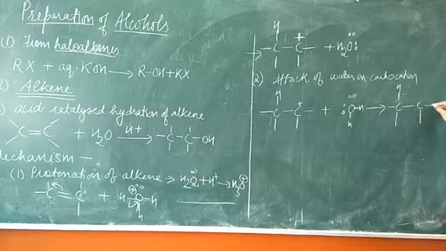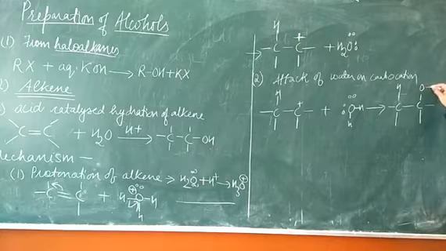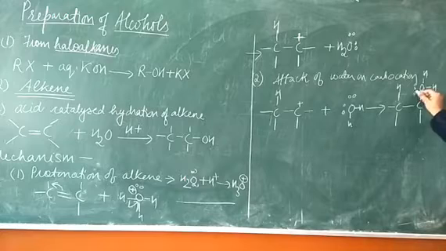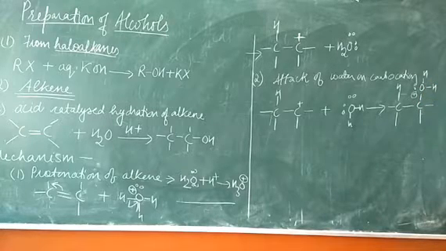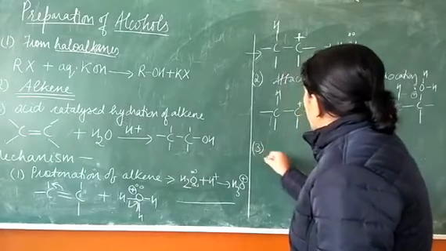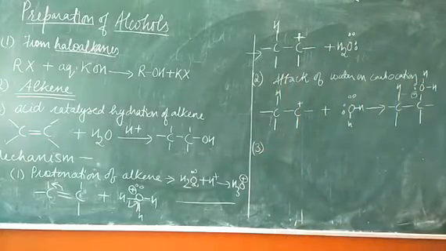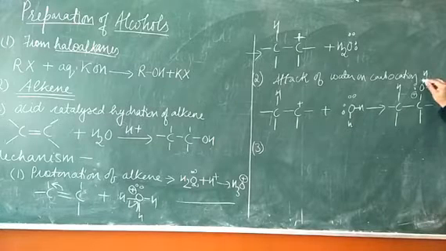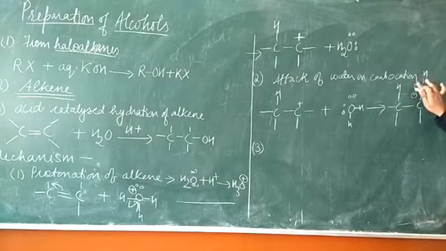Here oxygen through its lone pair will get bonded to the carbocation. Right? Now the third step, students, will be the removal of the hydrogen atom. Right? So it will take place here.